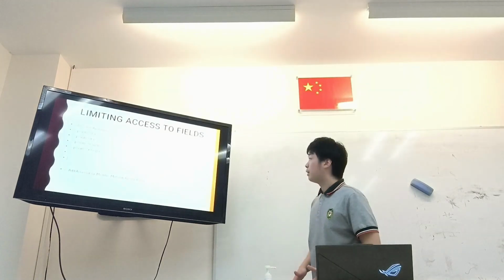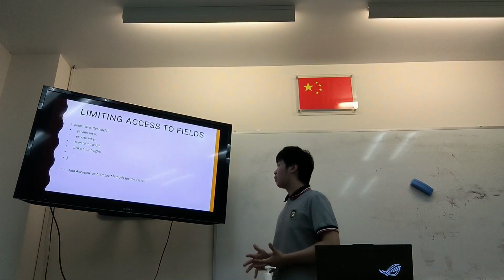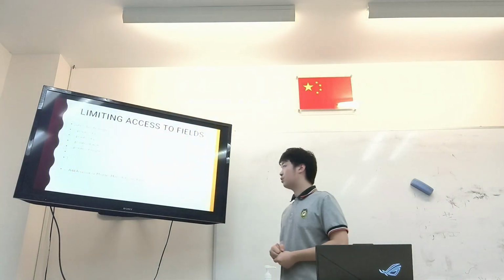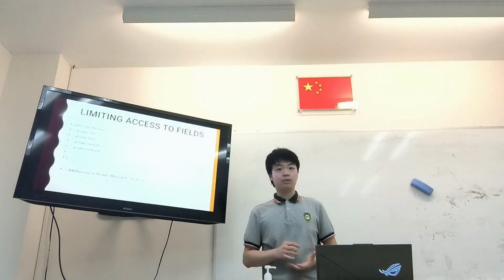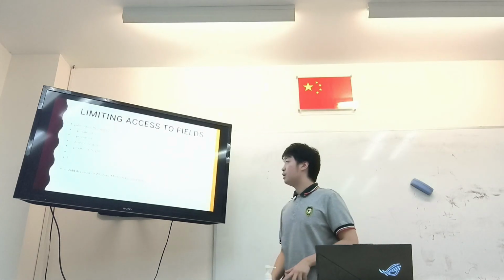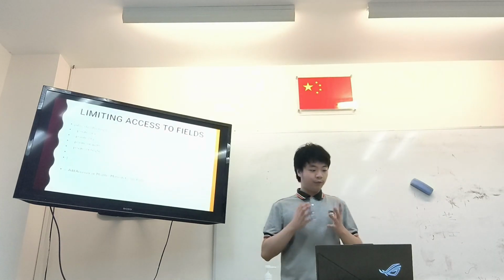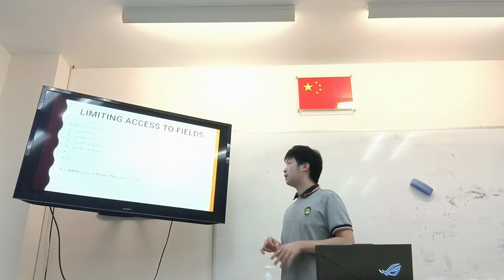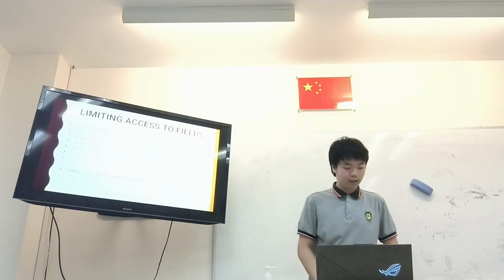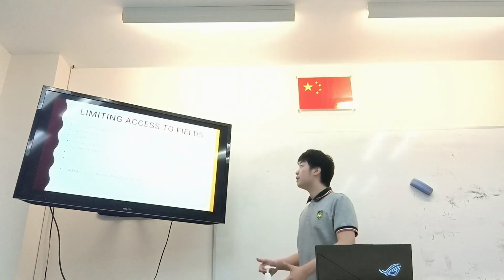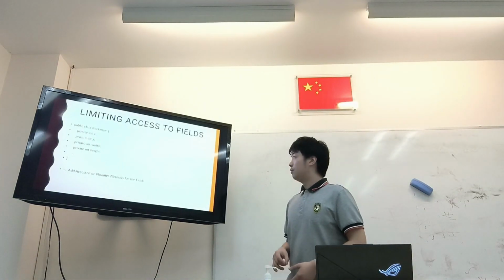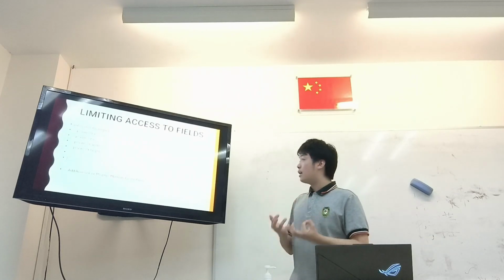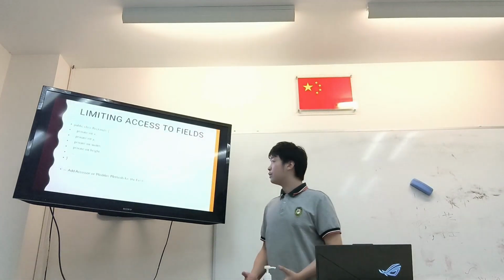So now we'll talk more about the code techniques when doing OOP. For a field defined in a class that we talked about last time, if we want to limit its access from outside, we can add a keyword called private to it.